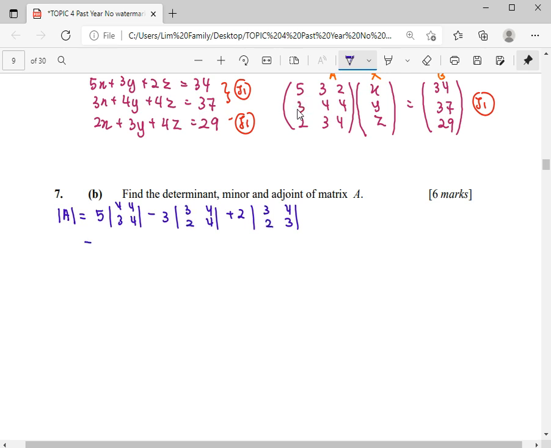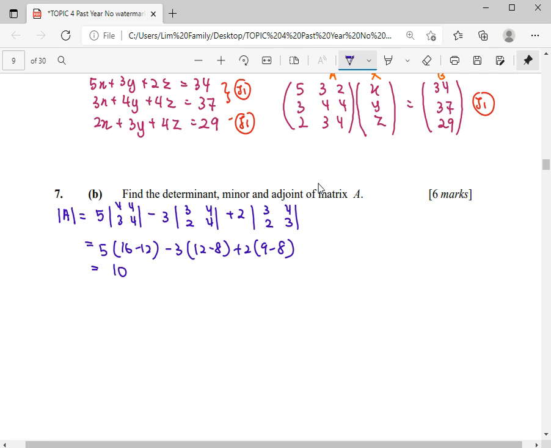So now we proceed to do the 2 by 2 determinant, AD minus BC, AD minus BC, AD minus BC for here. So this is our determinant.